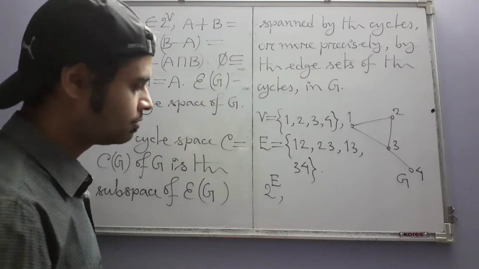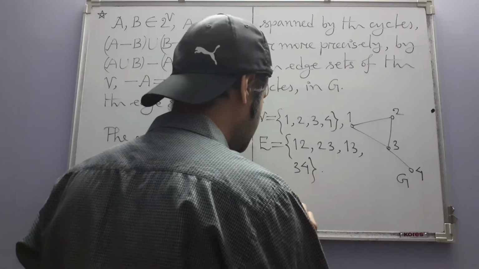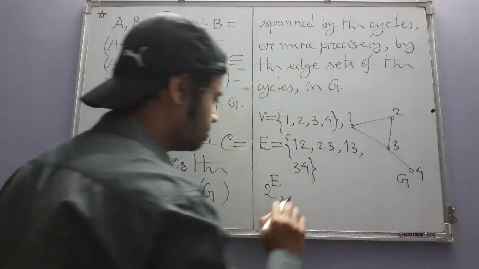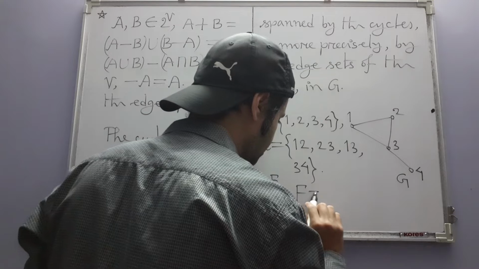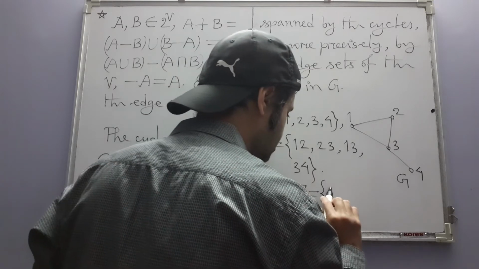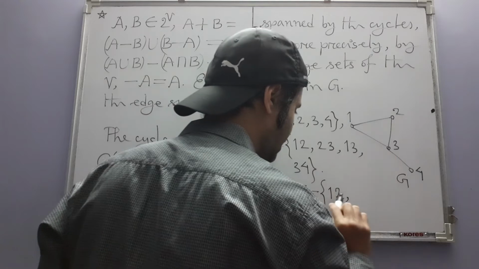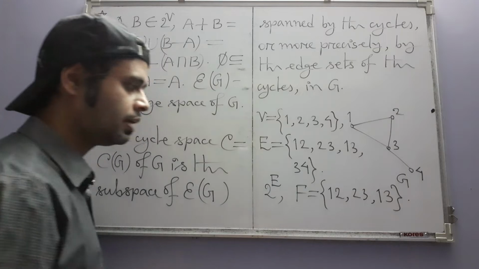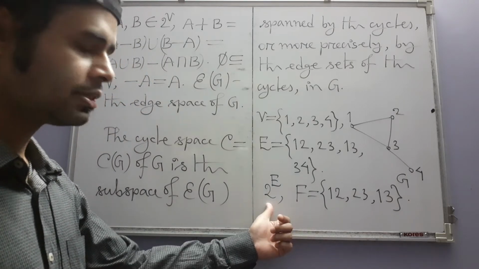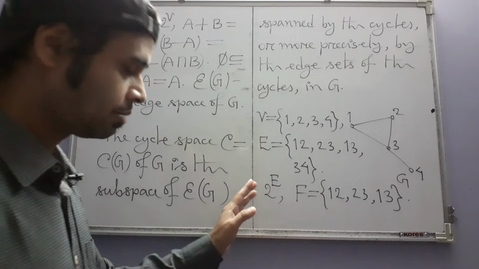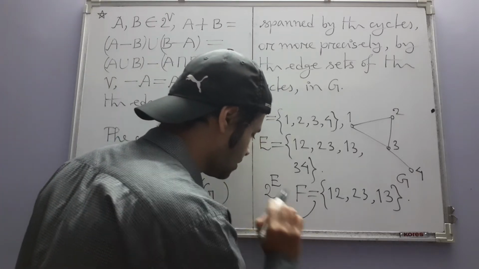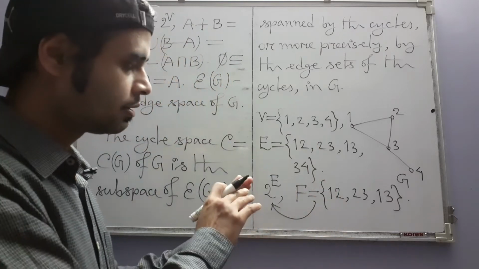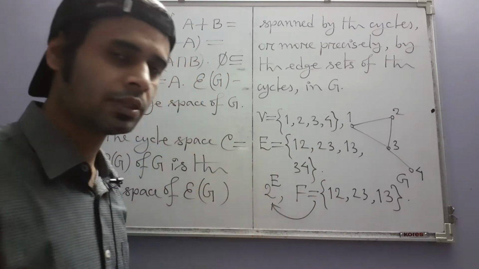And why is that so? That is because, by the way, what is the edge set of our cycle? Say we call it F. It is the set of the edges that we have in the cycle: 1, 2, 2, 3 and 1, 3. This clearly is an element in the edge space. And as a single vector, it will span a subspace of the edge space.